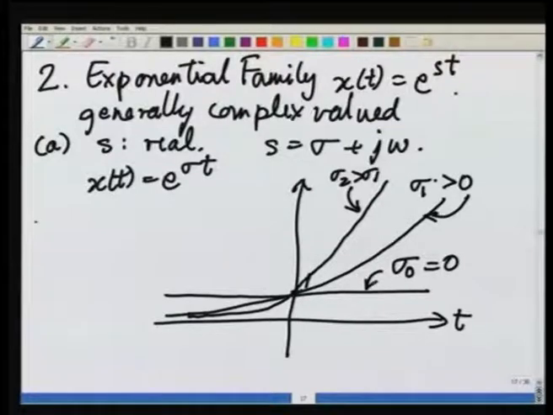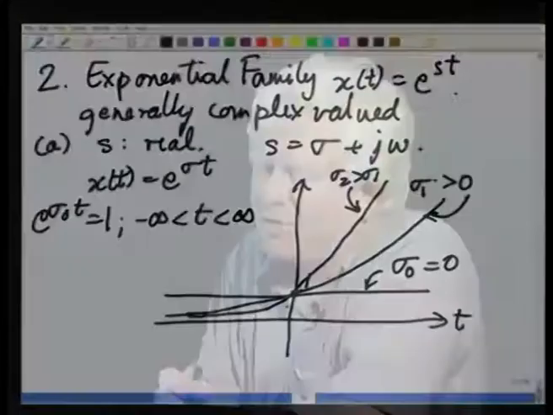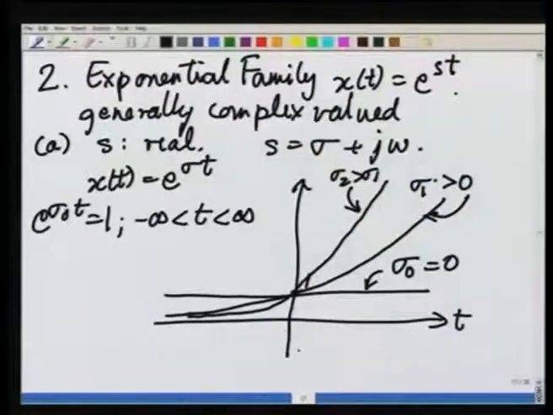E to the sigma 0 t equals 1 for all time. It is a constant, it is equal to unity. It also passes through 1 at t equal to 0. All the 3 curves we have drawn are equal to 1 at t equal to 0. It is also going to be true of signals that we are yet to draw, signals for which we will choose sigma to be negative.